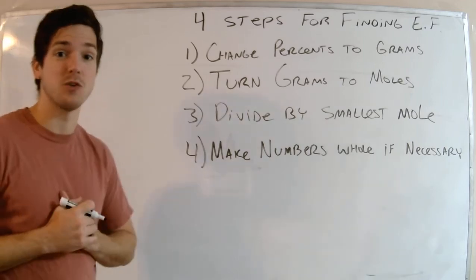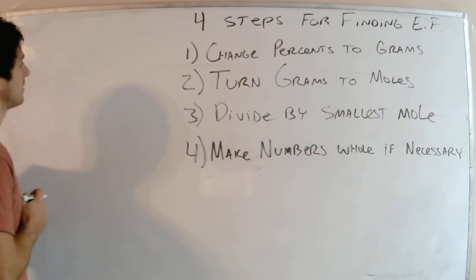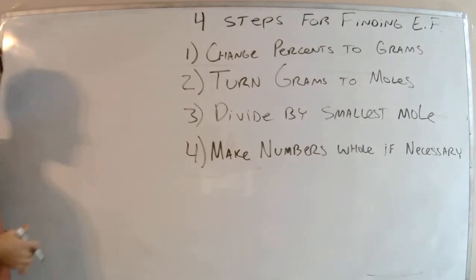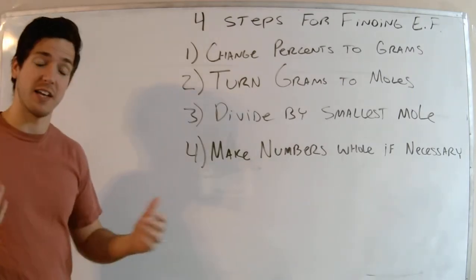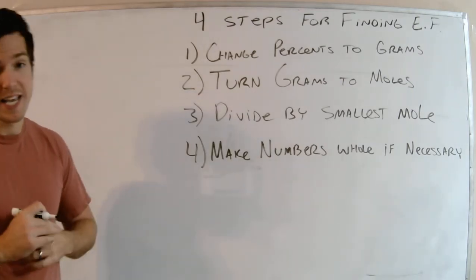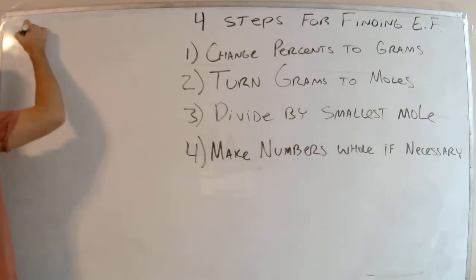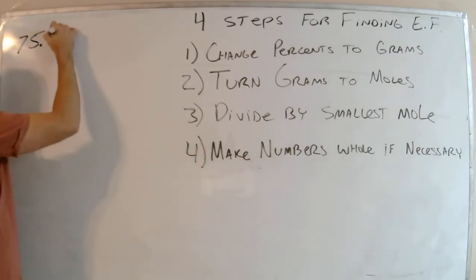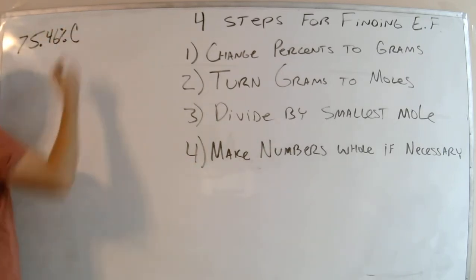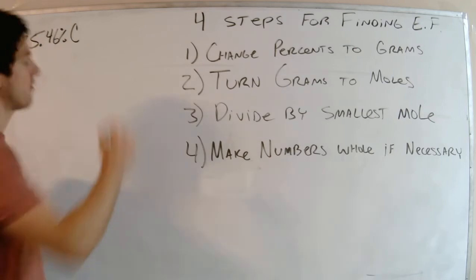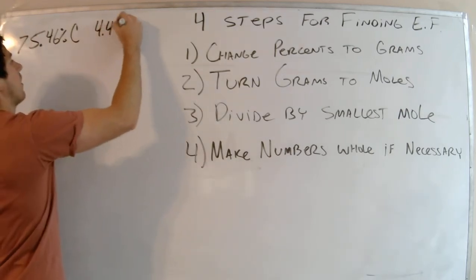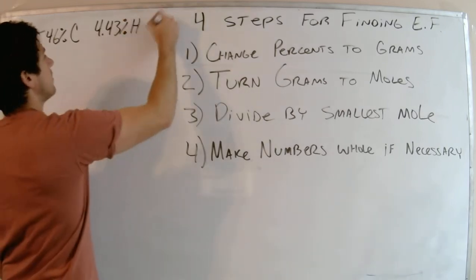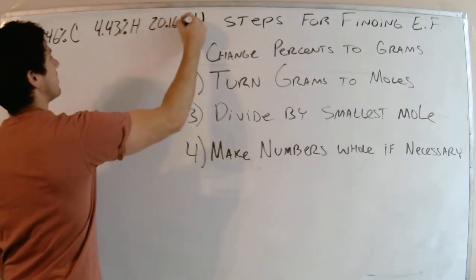But let's go ahead and do an example to apply these rules, okay? And I'm going to do it in my small amount of space over here. Say that I have this chemical in a lab and I've analyzed it through some sort of instrumentation, and I have told you that this chemical is 75.46% carbon, it is 4.43% hydrogen, and it is 20.16% oxygen.